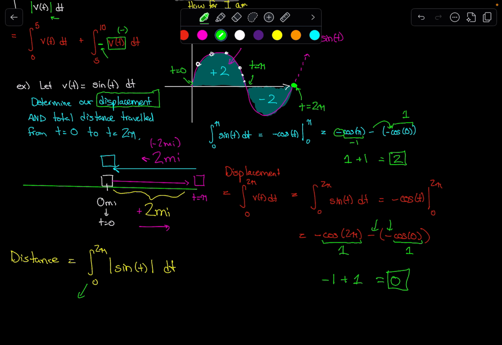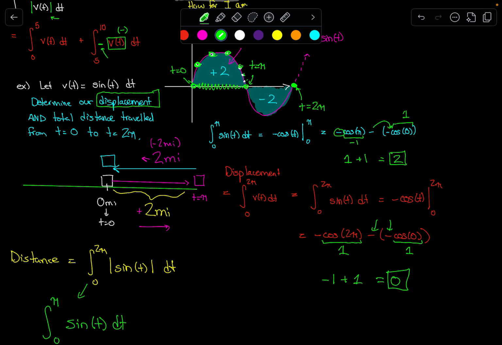We can't integrate with the absolute value symbol there, but I can split this up into 2 integrals. I can split it up from 0 to pi, because in this particular interval right here, the value of our velocity function is positive the entire time. All of these velocities are positive there, so I don't even need the absolute value for sine of t, okay?